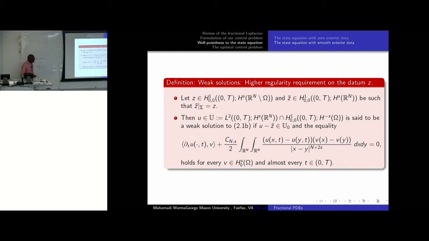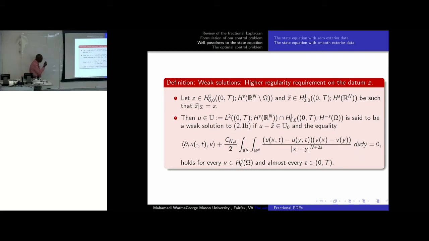Then in this case, we say that we have a weak solution if u minus the extension is in H^s_0. Remember, that means that it is 0 outside. And we have the same formula here, that this sum is 0, where we test with any function in H^s_0, but the equality must be true for any v and almost every t in the interval.